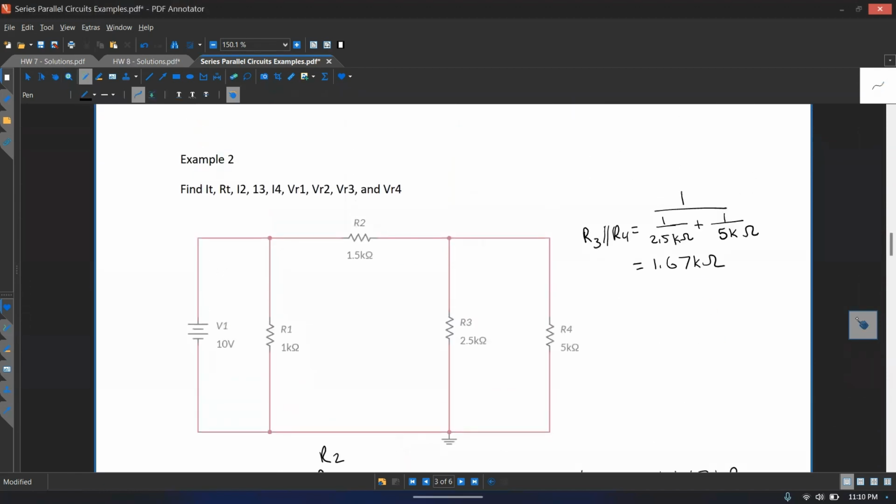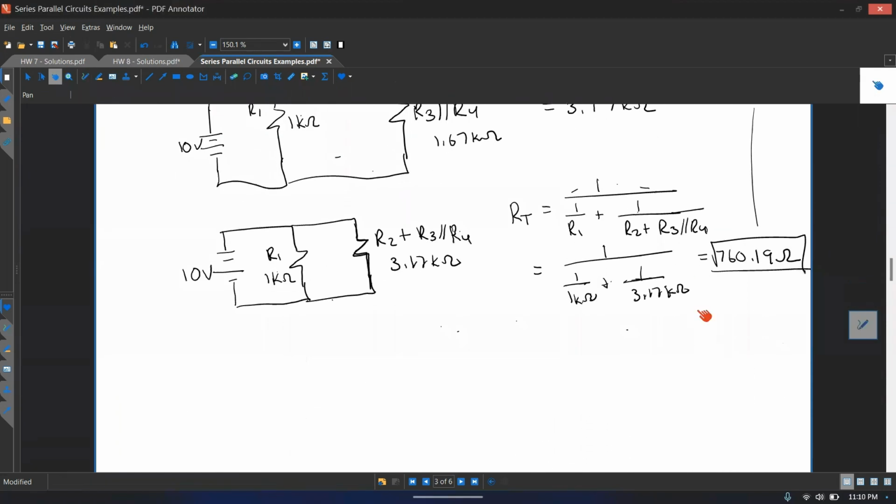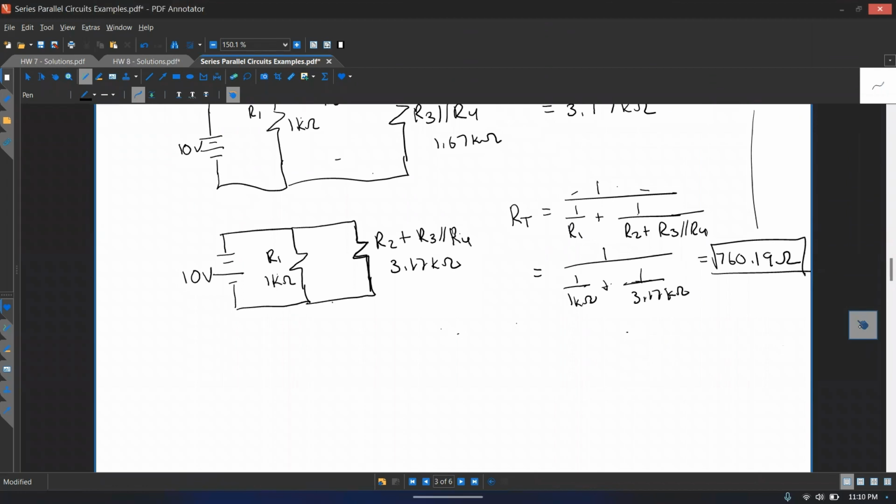All right, what else do we have to find? We have to find I total, which we just use Ohm's law for. I total equals E over R total, which is 10 volts divided by 760.19 ohms.